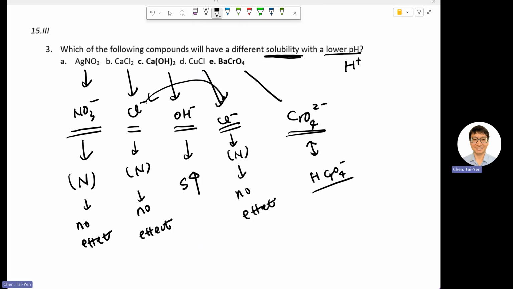Therefore, this is a conjugate base of a weak acid. When you throw this weak base into a low pH environment, the acid is going to consume your weak base, so it keeps getting consumed, and therefore the solubility is going to increase as well.